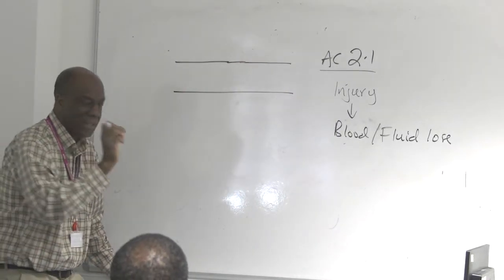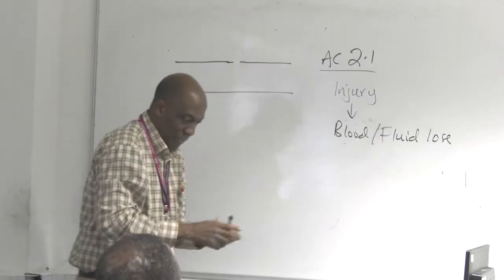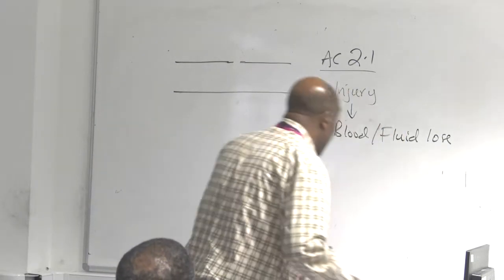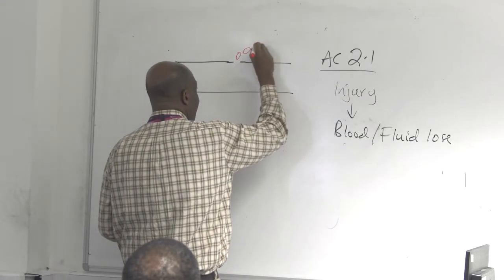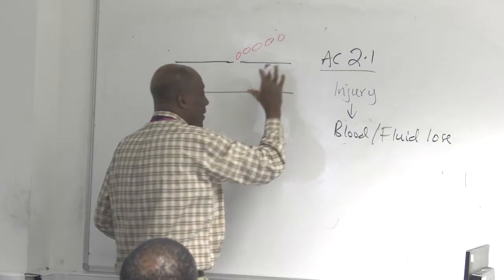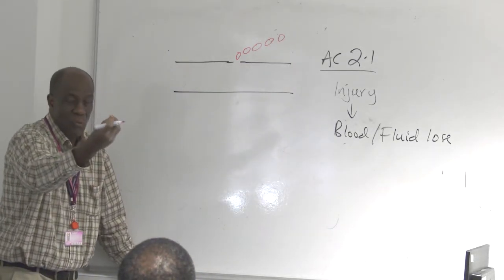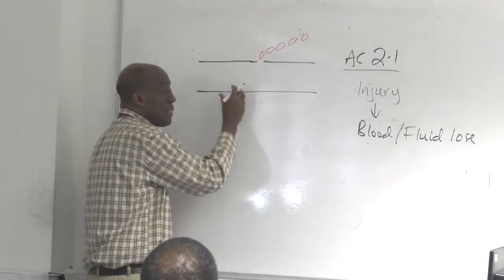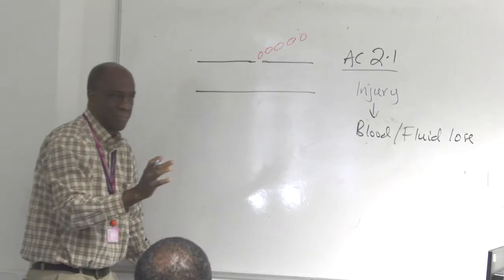And then something happens, and then there was an opening. And then the patient begins to lose blood. The question is, how does the body, whoever it is, how does the body respond to stop blood loss?